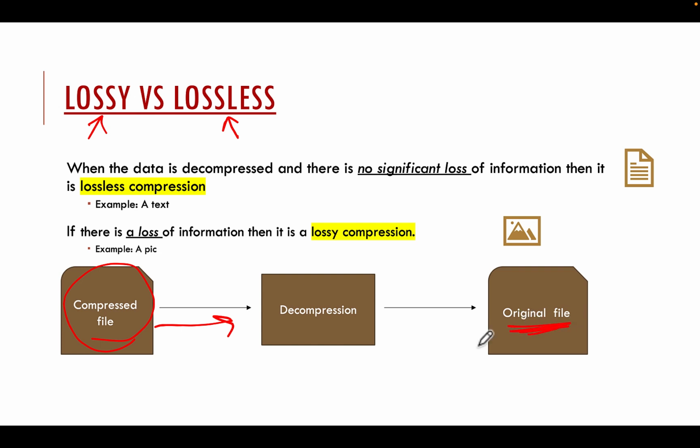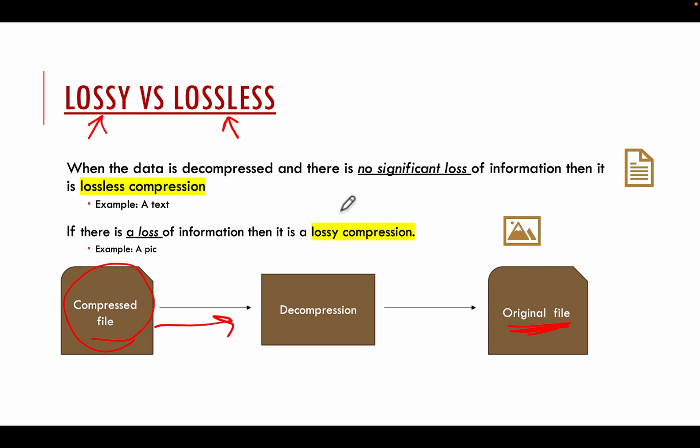So basically, when you decompress a file, if the information is still the same and there is no loss in any information or data in that file, that is a lossless compression. But if you do find a loss in the information, then we call that a lossy compression.